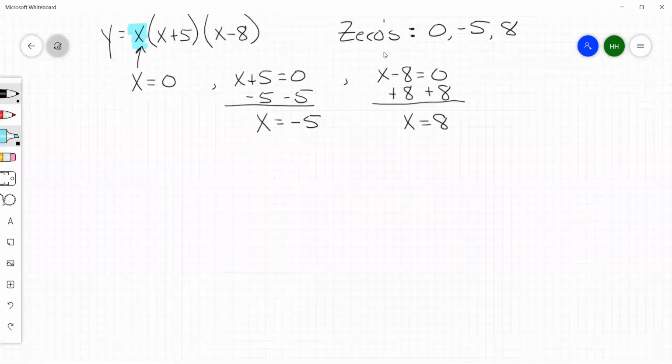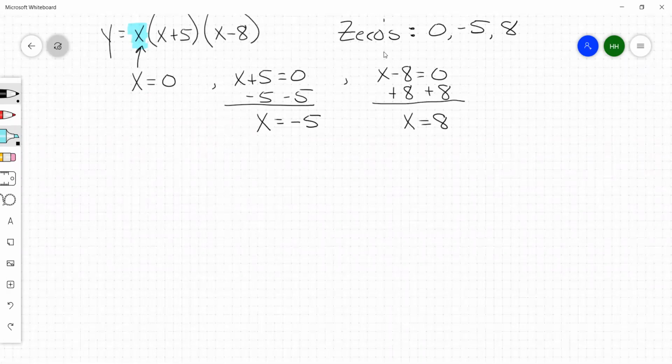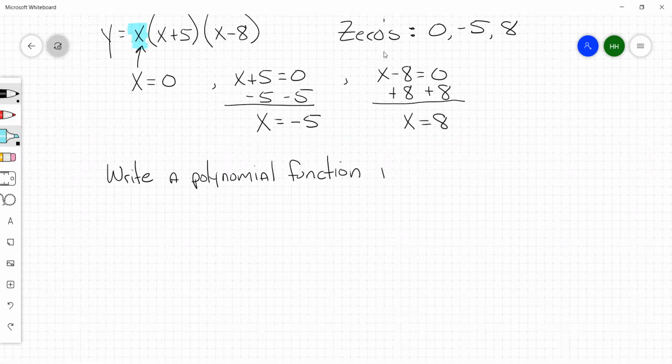All right, then you're going to be asked to write a polynomial function in standard form with the given zeros.